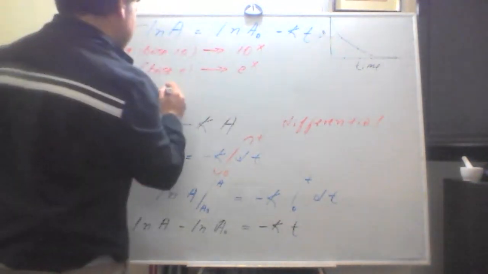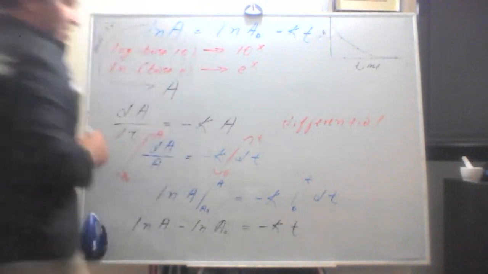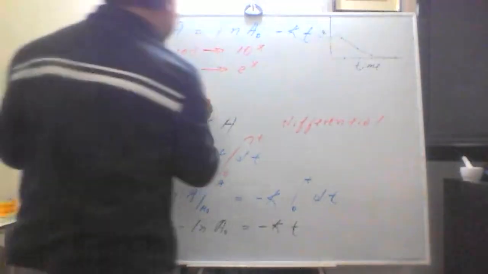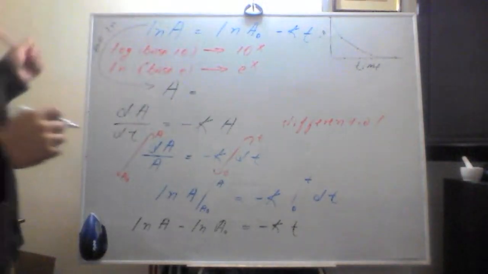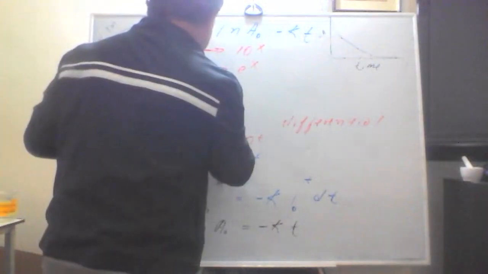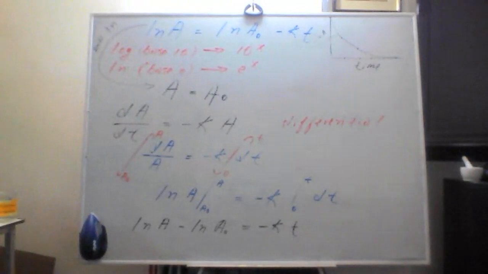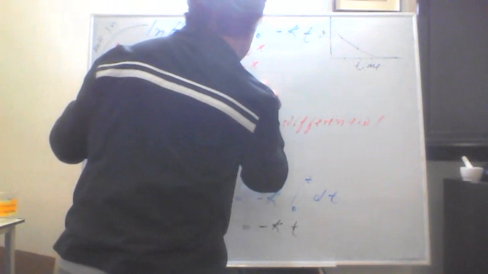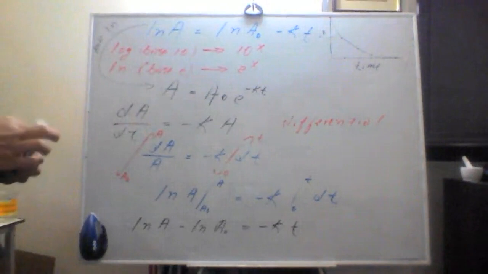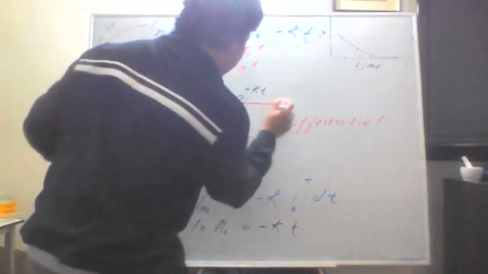And then what we get here is that instead of natural log of A, we get A. Instead of natural log of A0, you get just A0. And instead of minus kt, you get e to the minus kt. So these are the two equations that concern you for the first order reaction.